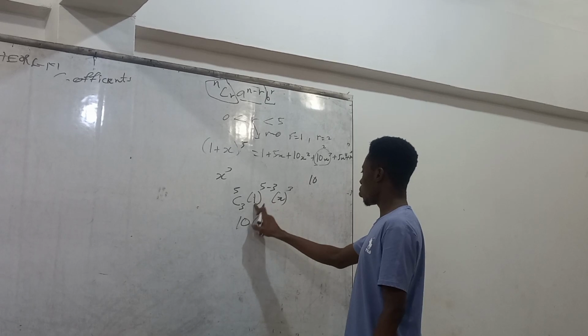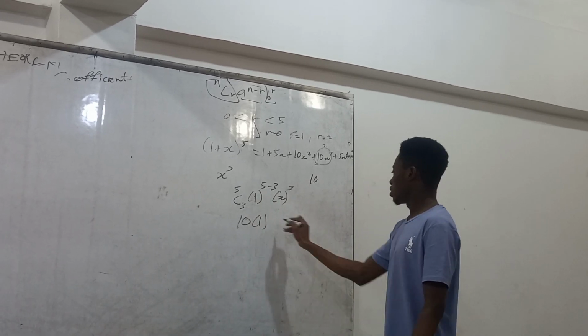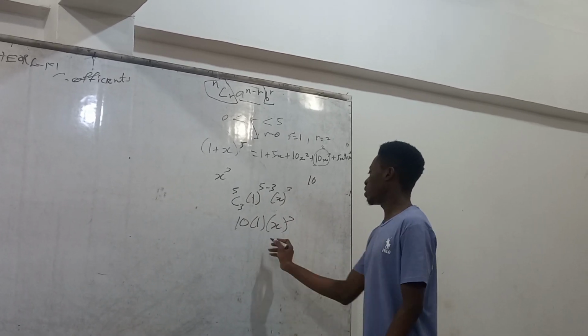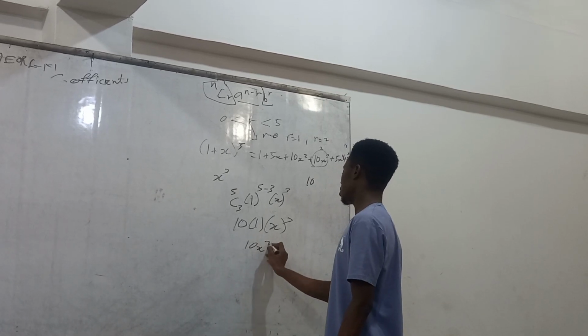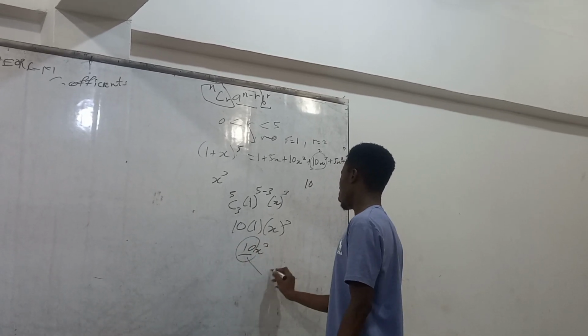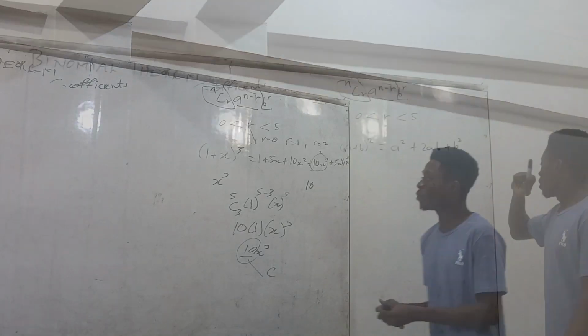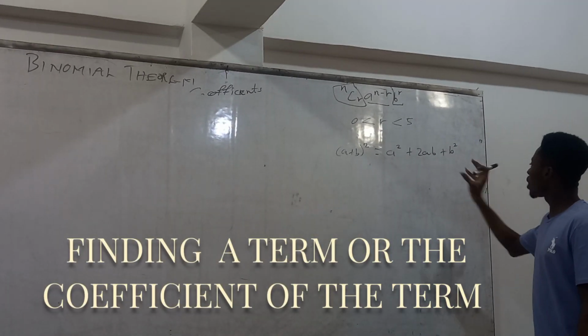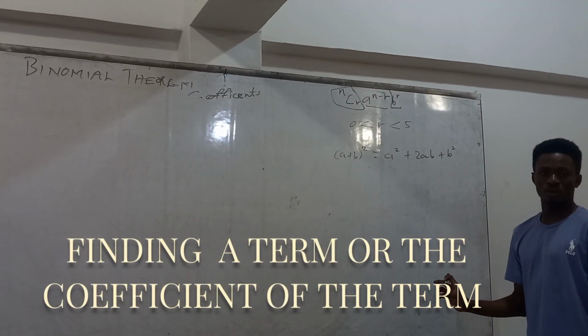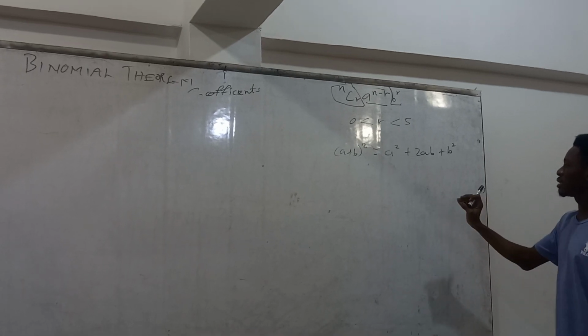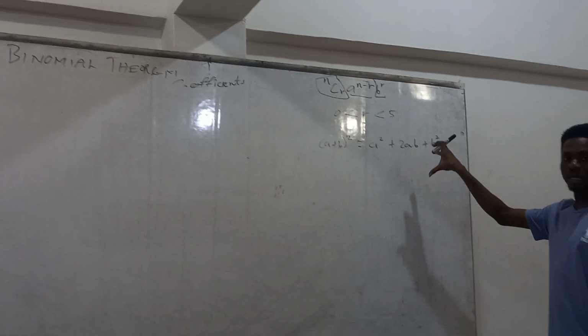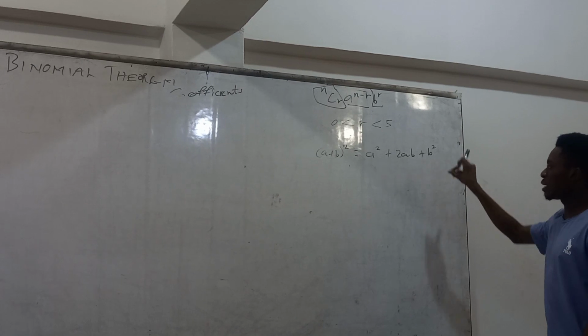So 1 to the power 2 is still 1, times x to the power 3, and we get 10x cubed. So this is the coefficient we are looking for. Probably they will tell you to find the term itself. So either they will tell you to find the coefficient of a particular term or the term itself.